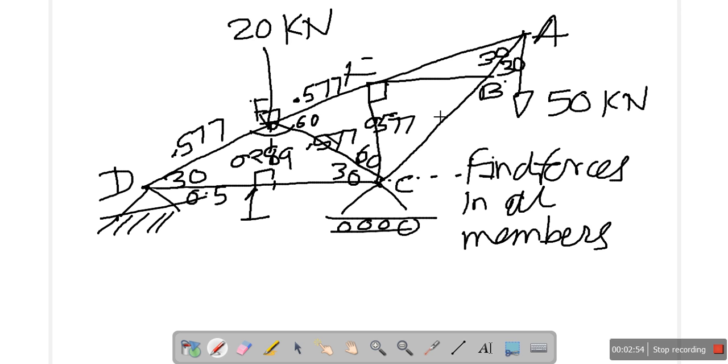Now you can look at this particular triangle. If this angle is 60 and this is 30, this total angle is 120 degree. So this angle will be 60. This angle will be 120, 30 degree.